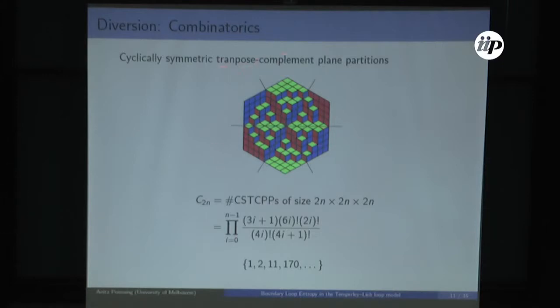And the transpose complement is something to do with the cube stacking version, but you can think of it just as a reflective symmetry across these lines. So that's the CSTCPPs of even box size, and that's how many there are. So these numbers all come up all over the place in this study.